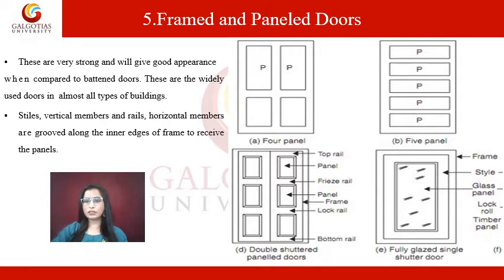Here you can see the different types of design. Again, this is also a frame. This is also known as the frame and panel. So this part is known as the panel. This is again a panel.